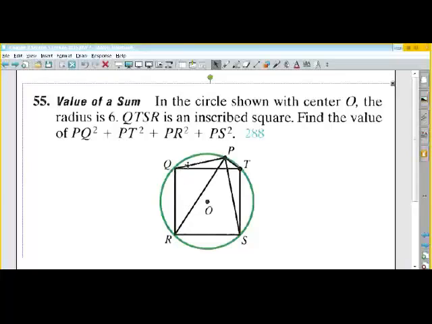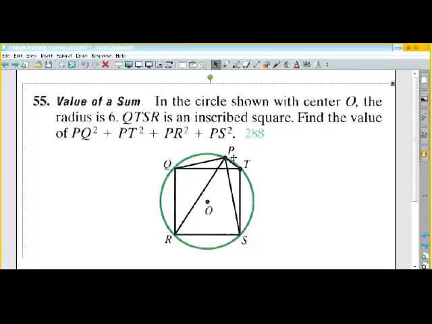Find the value of PQ squared plus PT squared plus PR squared plus PS squared, where P is a point on the circle. So it's basically this length squared plus this length squared plus this length squared plus this length squared.